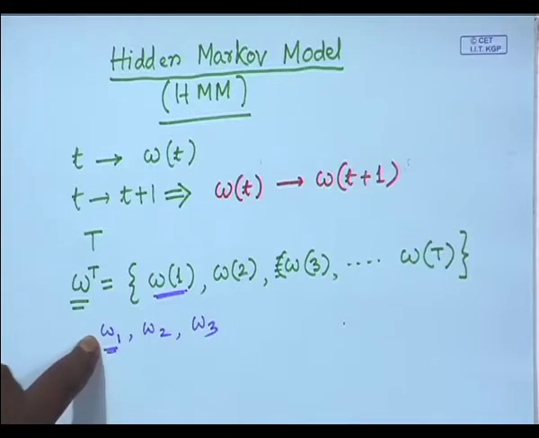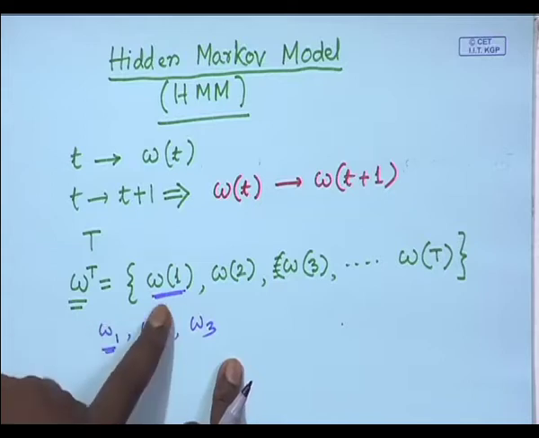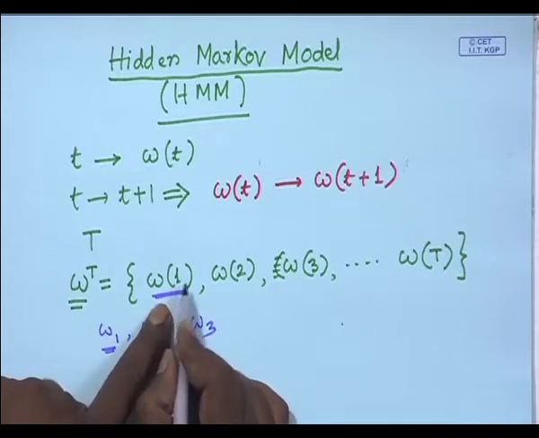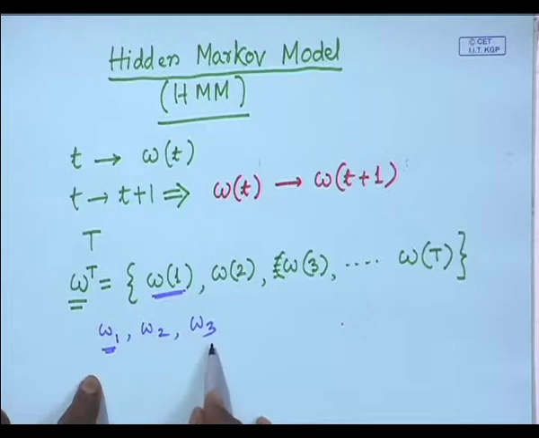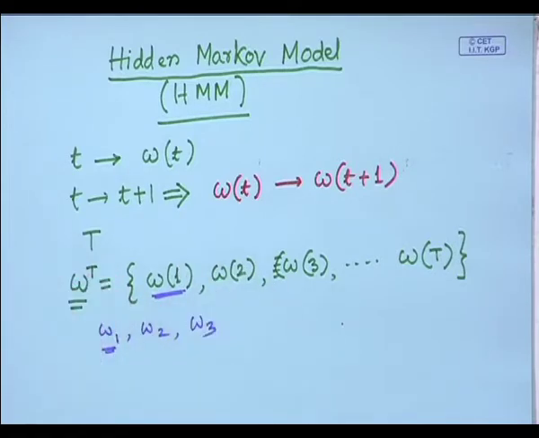This is a particular state of the machine. Omega 1 is one of the states, as the machine has 3 states: omega 1, omega 2 and omega 3. Whereas, when I write in this form, it is one of these states in which the machine was at time step 1. So, please note the difference between these two notations.